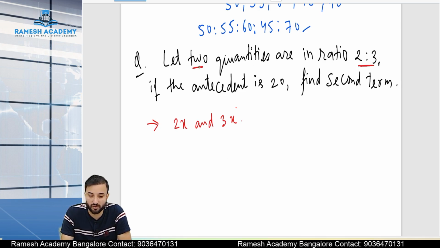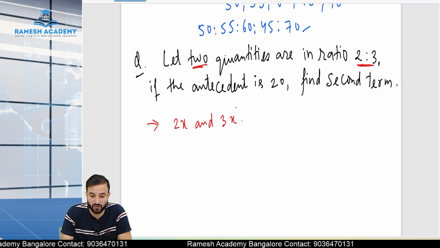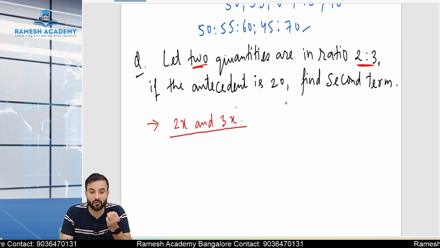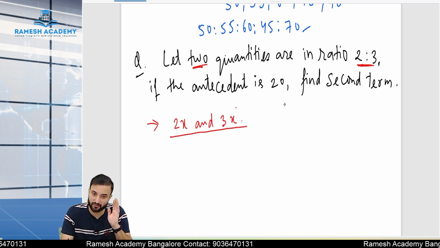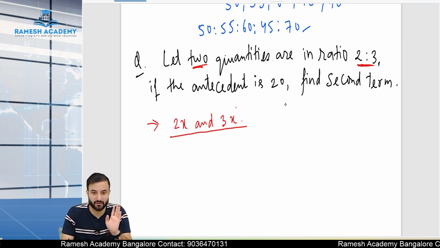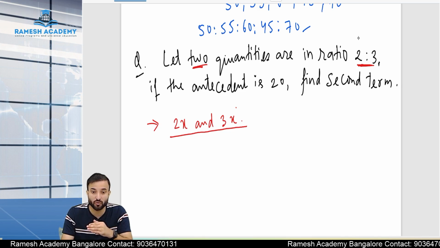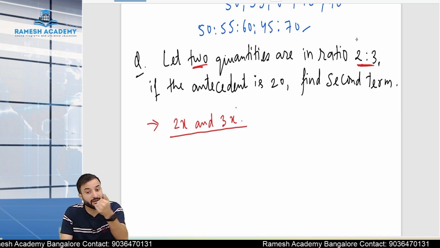If they give the two quantities which are in the ratio, how to convert the ratio into variable form? The ratio is 2:3, so we will write 2x and 3x. If they give the ratio as 11:12, it will become 11x and 12x.